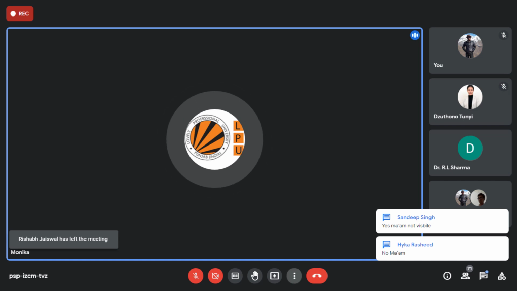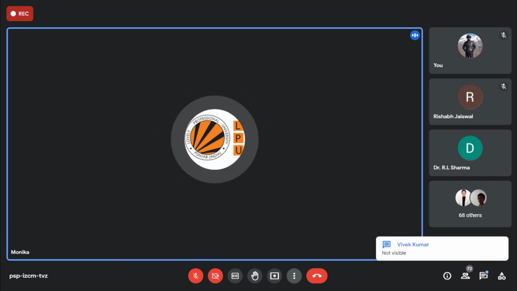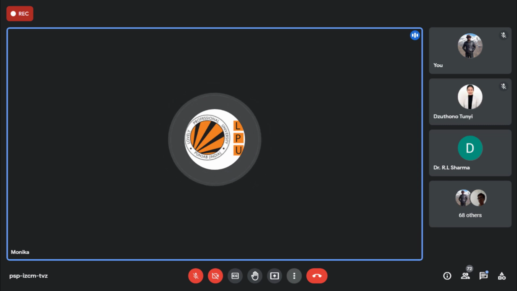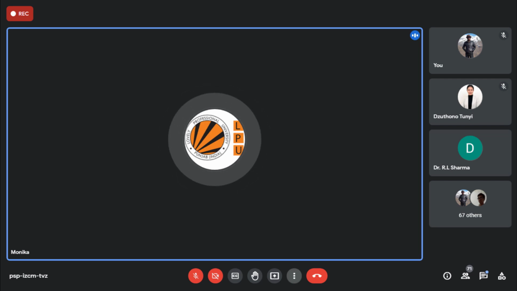Yeah, so I was saying that we have to calculate these four time estimates also: earliest start and latest start, earliest finish and latest finish. I will let you know the meaning of all these terms. Earliest start means how early we can start the activity. It's not compulsory that I start the activity on the planned date.